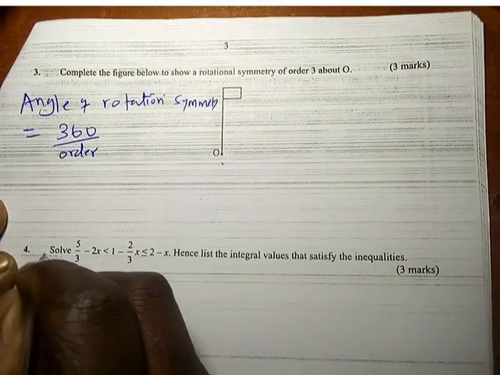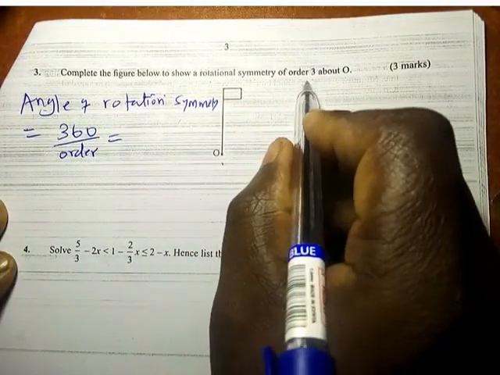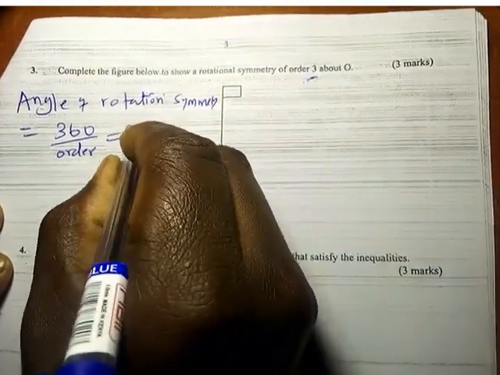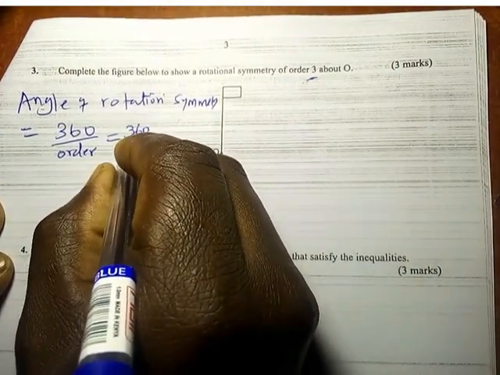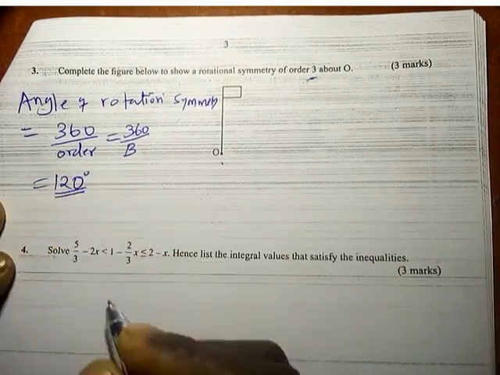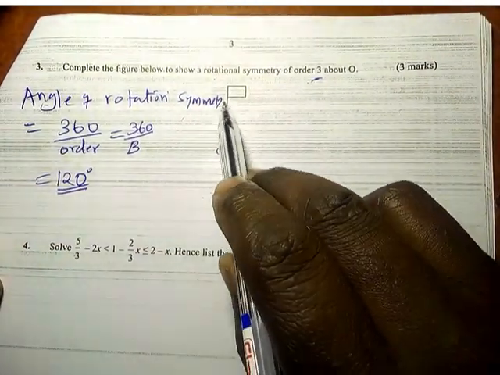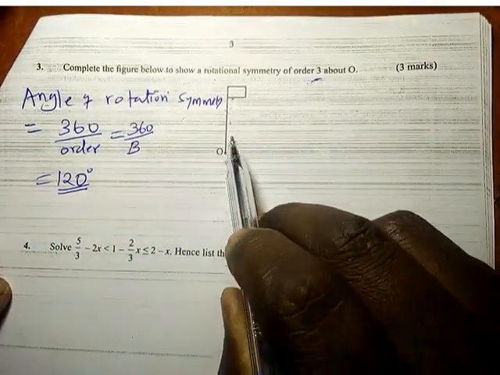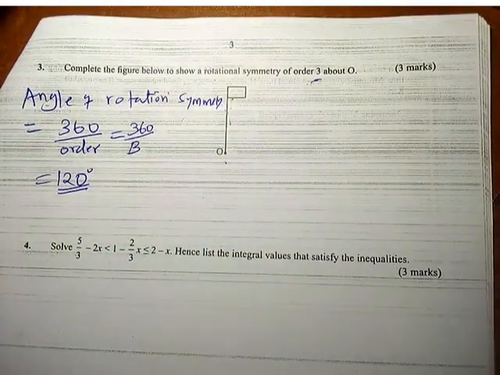Our order is 3, so that is 360 divided by 3. And our angle of rotation is going to be 120. So we are rotating this object at an angle of 120.